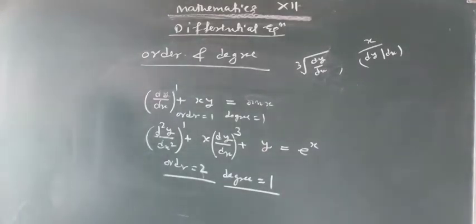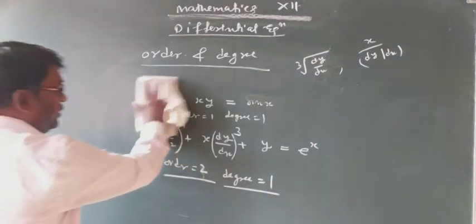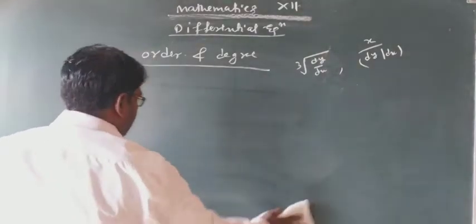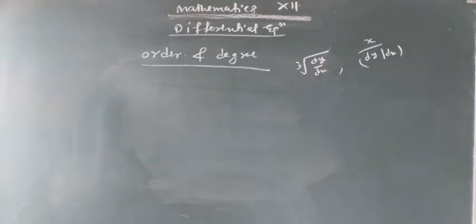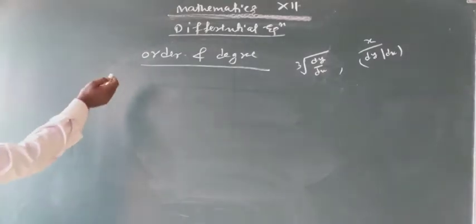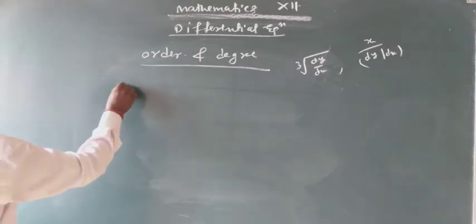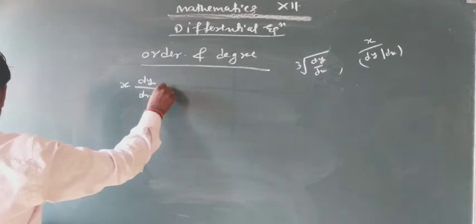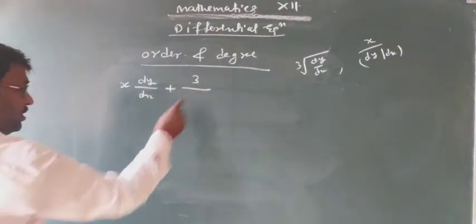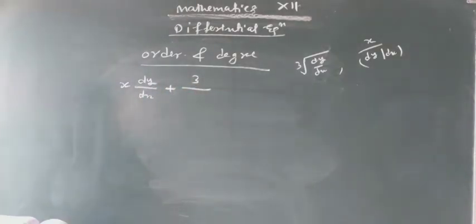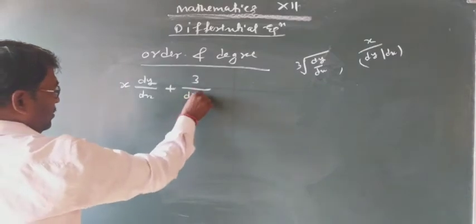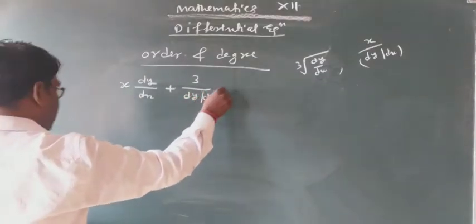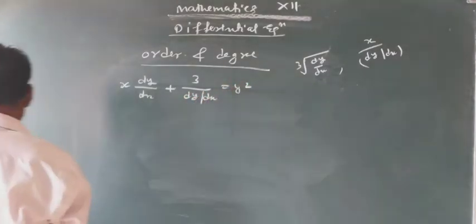Now, some examples where you have to calculate order and degree. Right. Suppose you are given a differential equation like x into dy by dx plus 3 upon dy by dx is equal to y square.